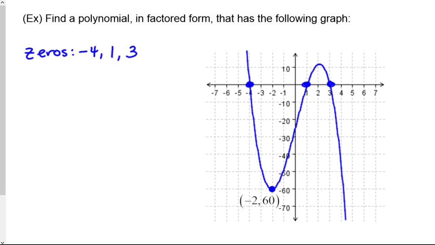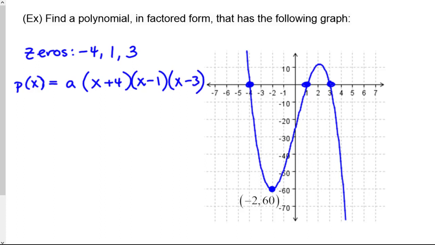So if I write this in factored form, I could write p of x equals some constant, we'll take care of that in a minute, times x plus 4 times x minus 1 times x minus 3. All right, and that is a pretty good polynomial that contains this graph.